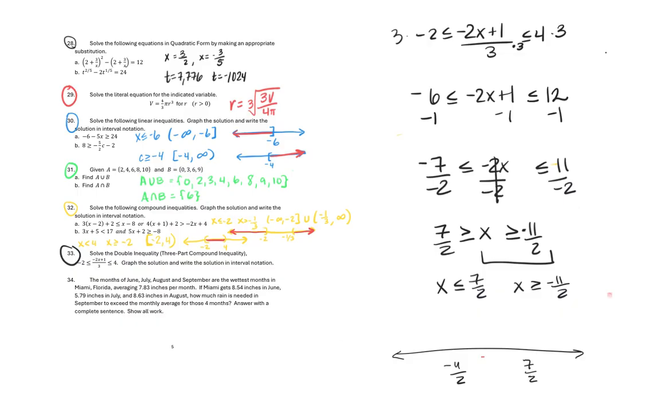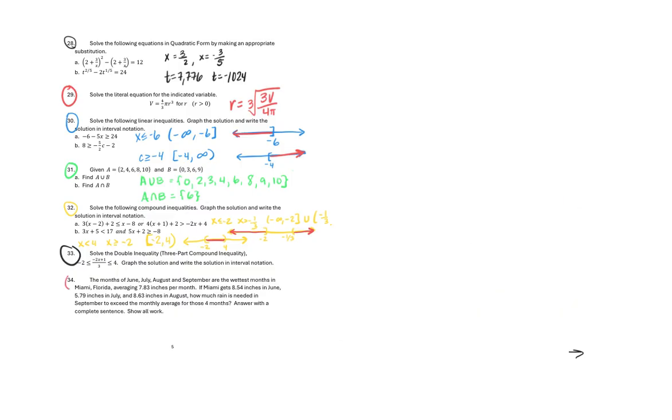And then we know that it's anything in between them. If we're writing that in interval notation, we can keep those brackets. So we'll have the -11/2, comma, the 7/2 in brackets as well. And so now we have our solution in graph form, and we also have it in interval notation.